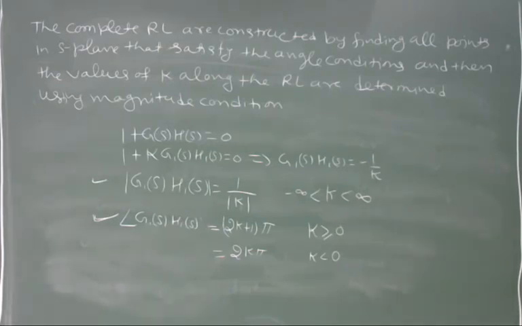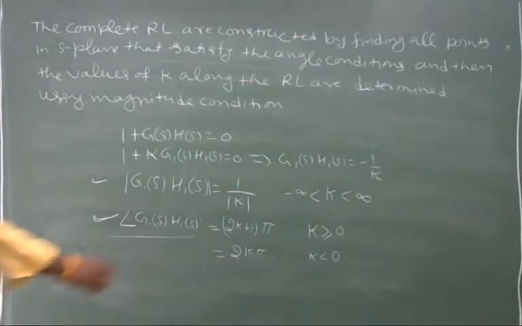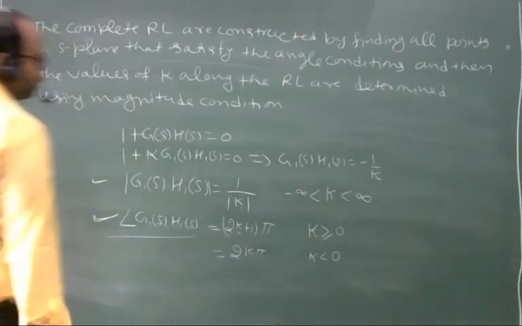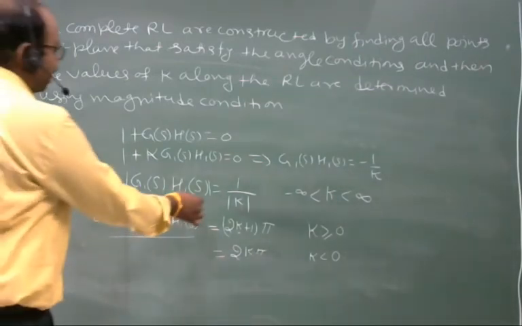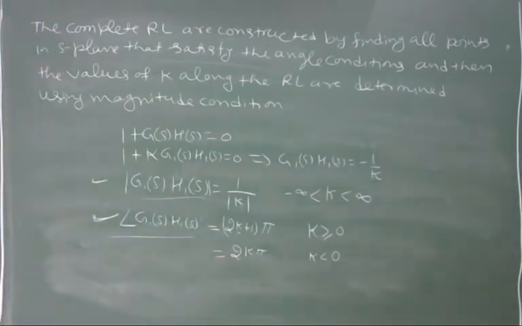So to draw the complete root locus, first we have to satisfy the angle conditions, and from here we will find the value of k, and with this value of k we will find the magnitude and then draw the complete root locus.